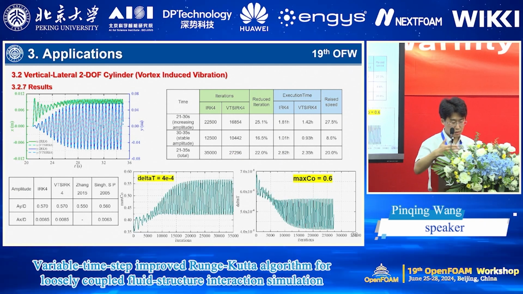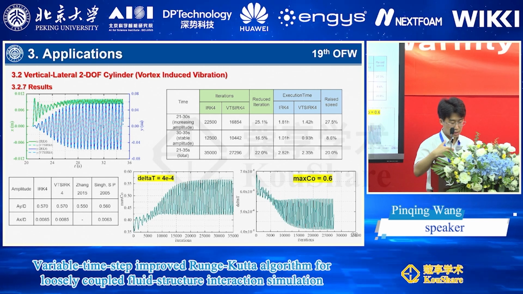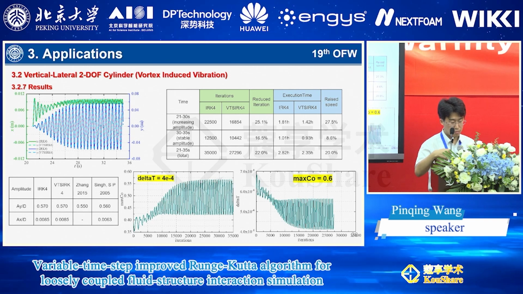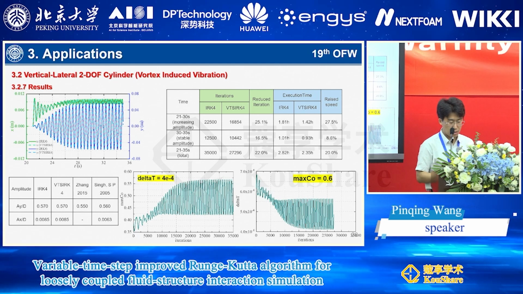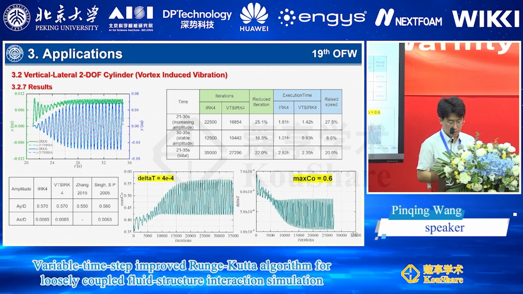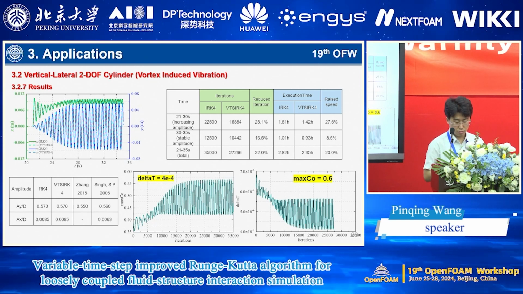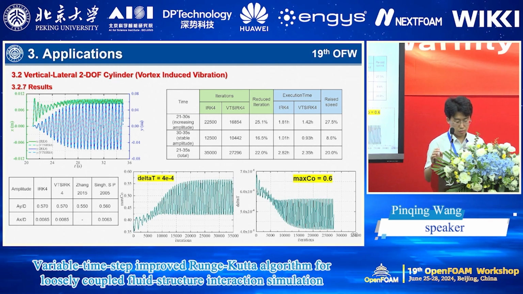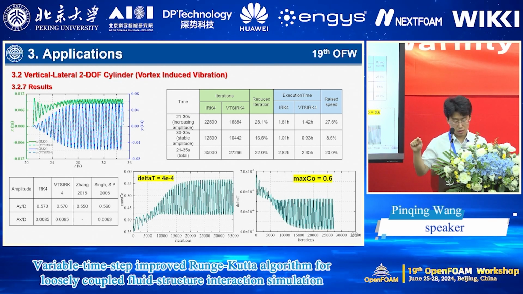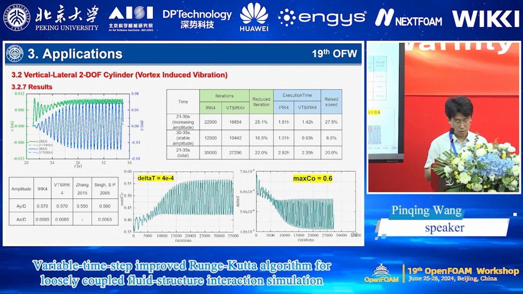Okay, after the static stage, the cylinder vibrates from rest, and the simulated vertical amplitude agrees with the reference value, but the lateral amplitude is somewhat different, which needs to be further studied. This table shows the iterations and the execution time at different time ranges. We can find that for the increasing amplitude vibration, the VTSI-RK's effects are more obvious.